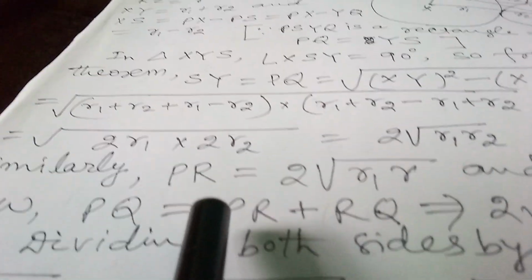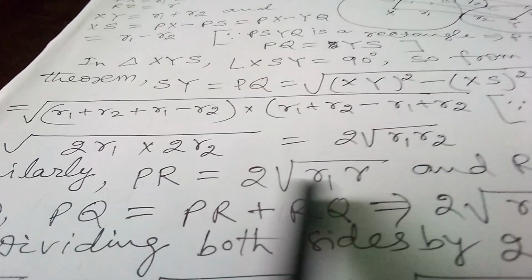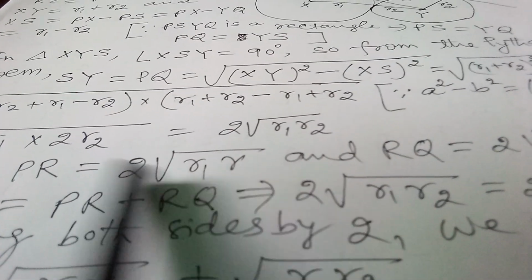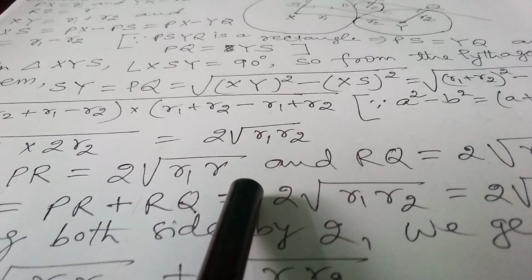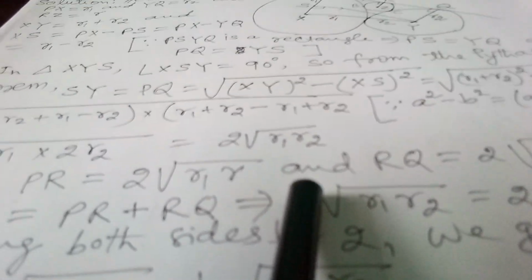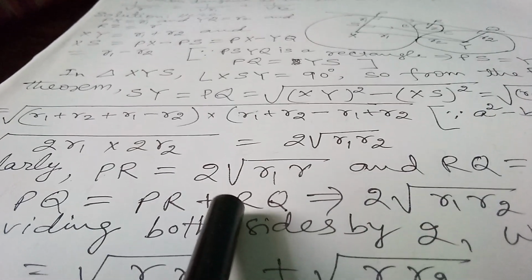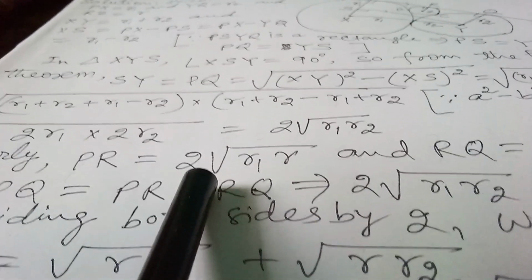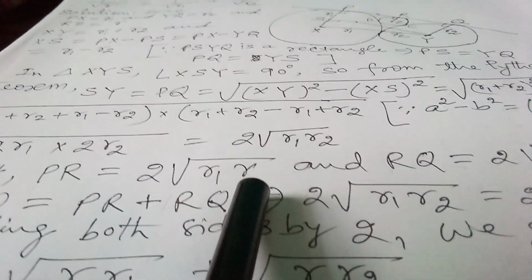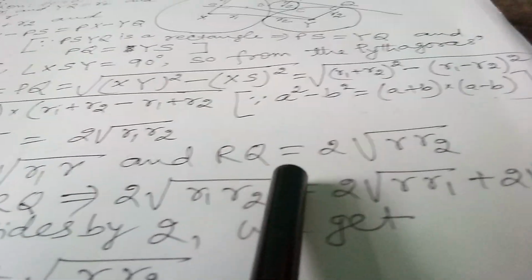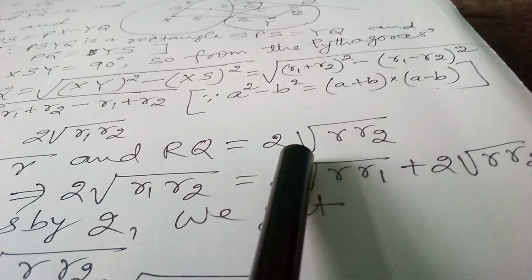Similarly, as we calculated here by drawing a perpendicular YS on PX, we can do the same thing in the smaller triangles also. So we can write PR equals 2 into square root of r1 r, and RQ equals 2 into square root of r2 r.